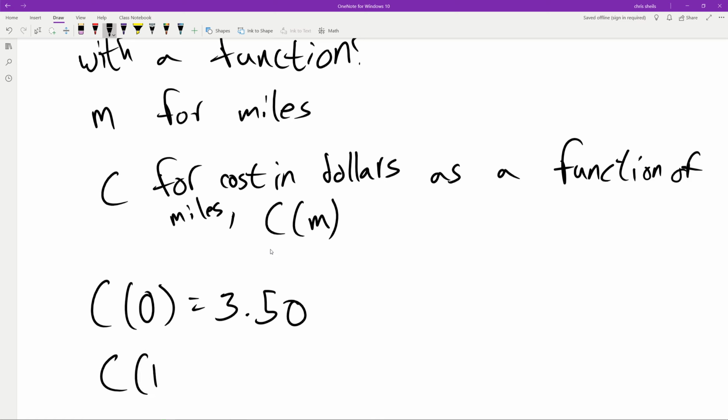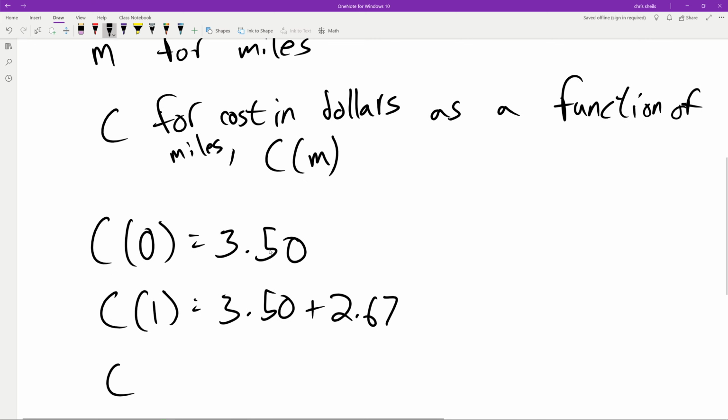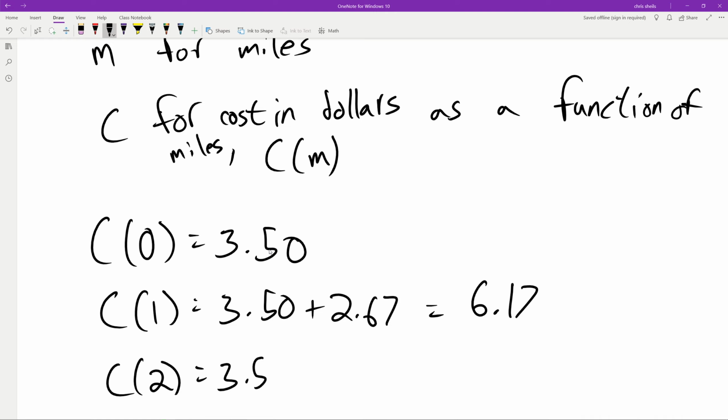So C of 1 will be $3.50 plus 2.67. And this is $6.17. C of 2 is $3.50 plus 2.67 plus 2.67, I add another $2.67 for this second mile.